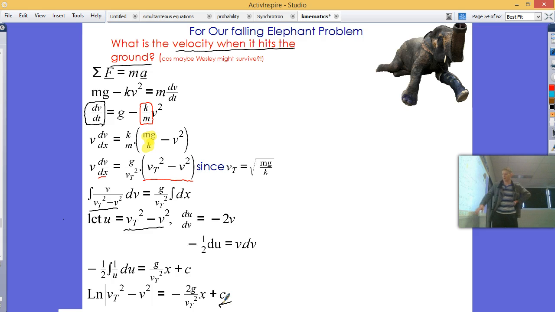What do I know about the argument inside the modulus here, vt squared minus v squared? Well, the first bit, vt squared, that is my terminal velocity, and my terminal velocity is like my maximum speed, the maximum velocity that I'm going to achieve. So if I have my maximum and I subtract some other velocity, which is not the maximum, that's going to always be positive, isn't it?